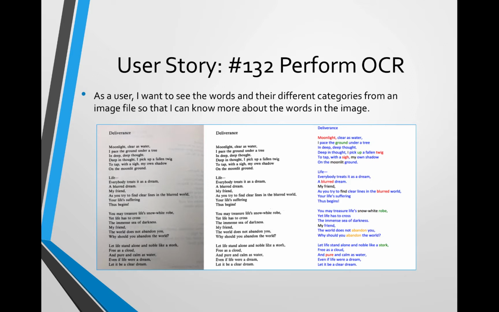We convert the image to grayscale, we remove all the colors, and then we apply a threshold with a Gaussian blur. That gives us a bright white background and sharp contrast with the black letters. Then we apply the formatting according to the different categories, so we have the blue colors, the red colors, the golden colors, and so on.